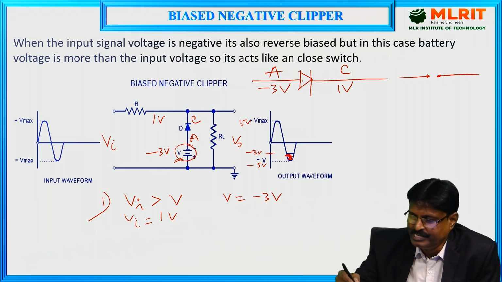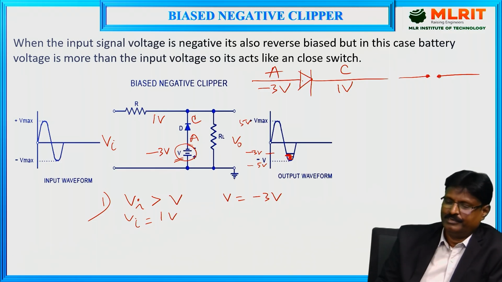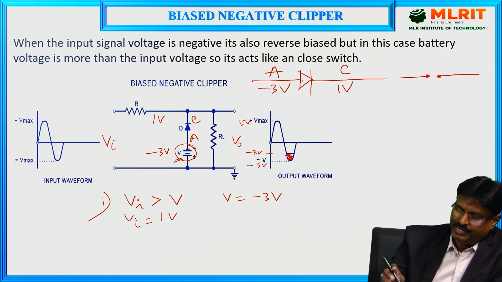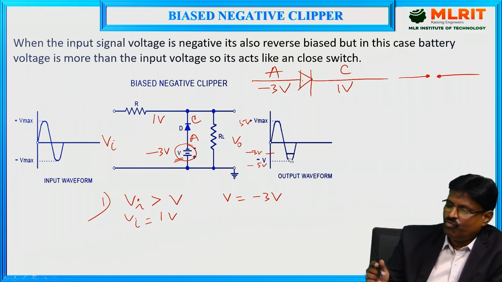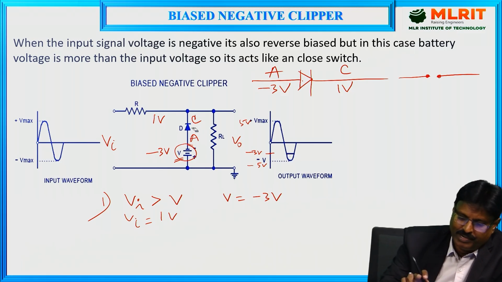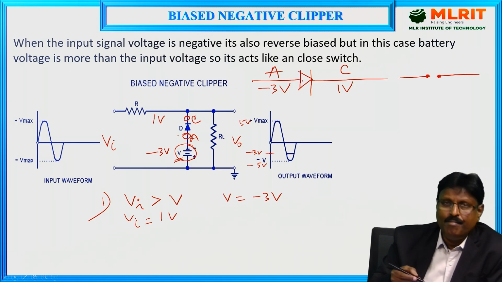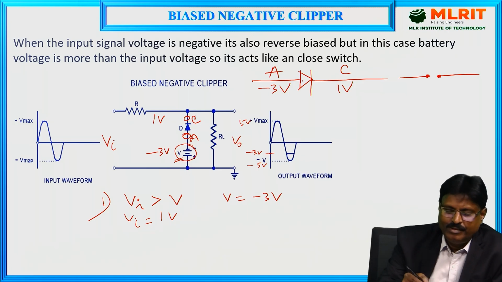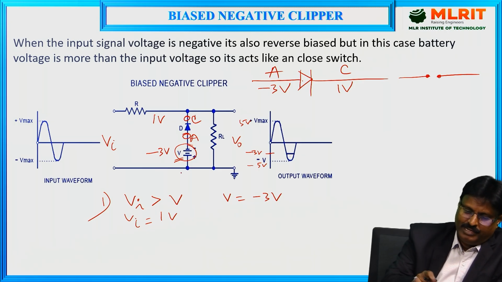Reverse bias means it acts like an open circuit. Open circuit means the diode opens here, so this particular arm will be useless.